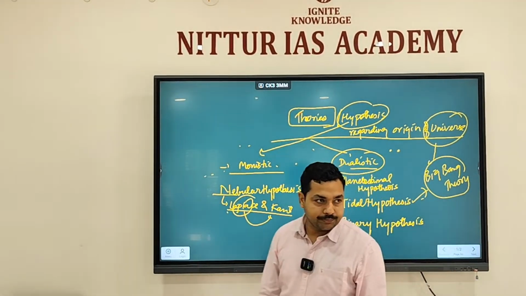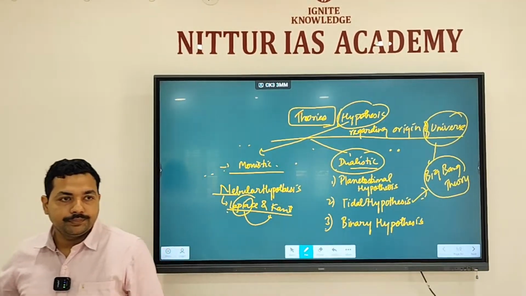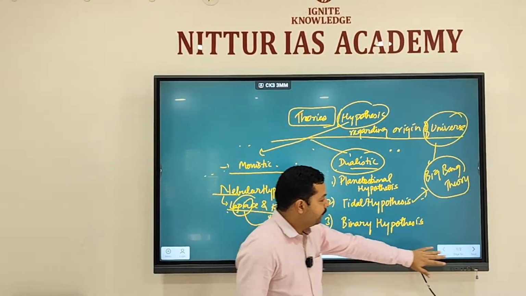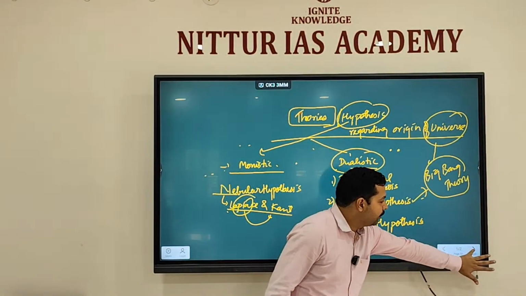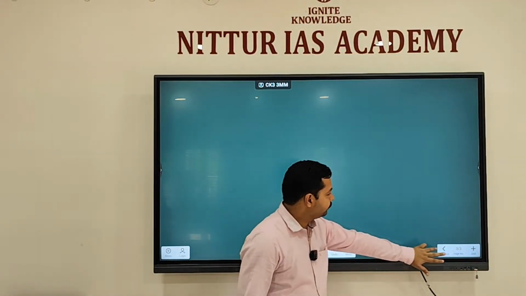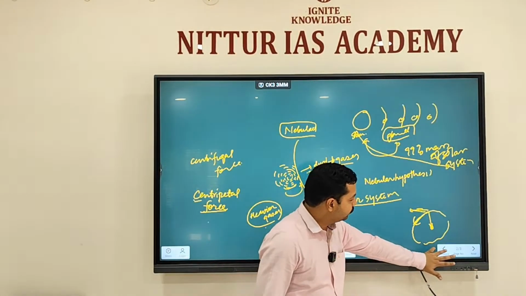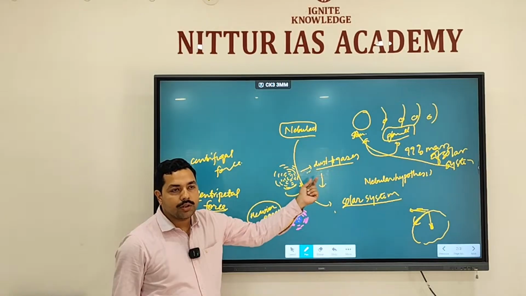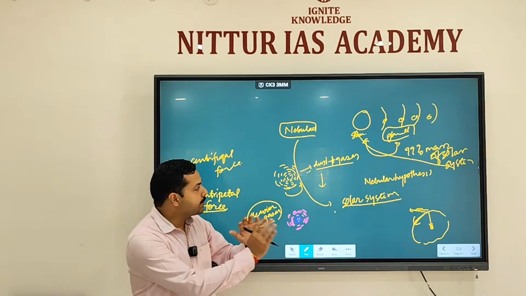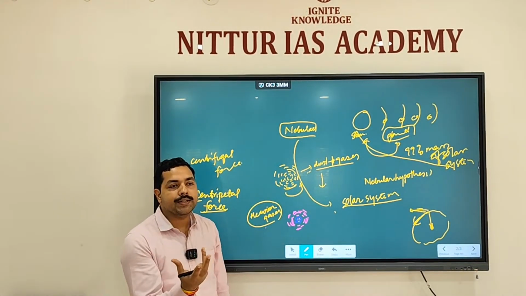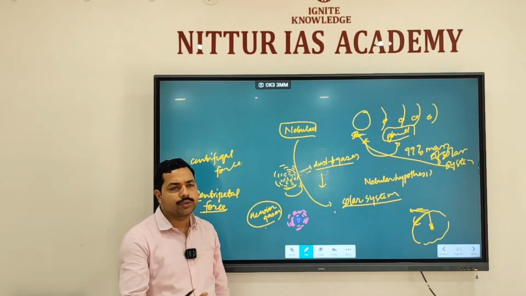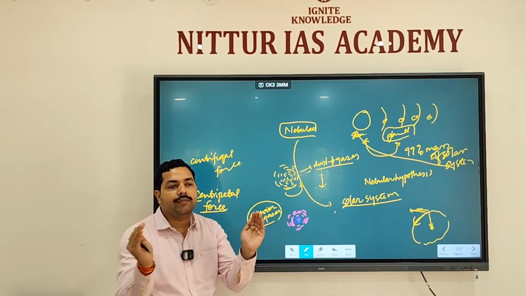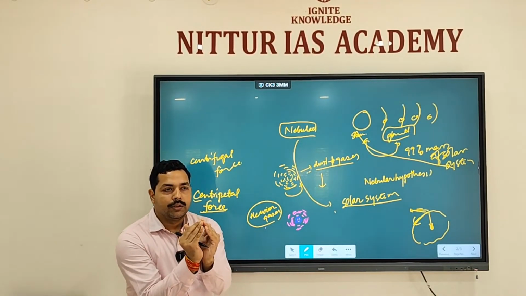Nebula is basically a cloud of dust and gases. So we discussed nebula is a cloud of dust and gases. These dust and gases are rotating. Now the gases can be hydrogen, helium. So what will happen? These gases, if they are heavier, they will come towards the center.